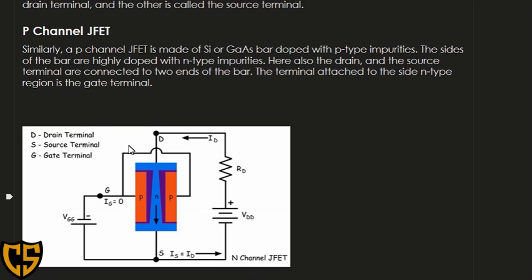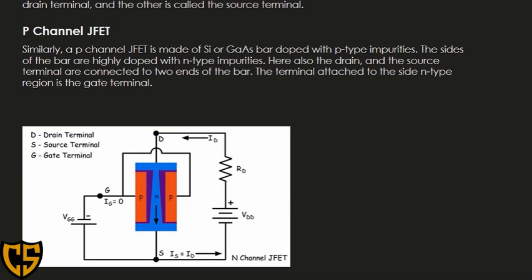D is for drain terminal, S is for source terminal, and G is for gate terminal. Same also with the current representation: ID for drain current, IS for source current, and IG for gate current.